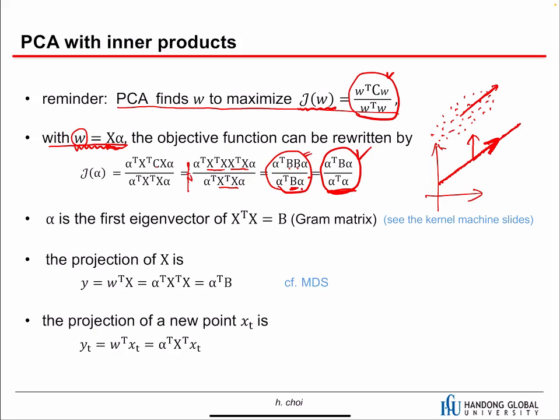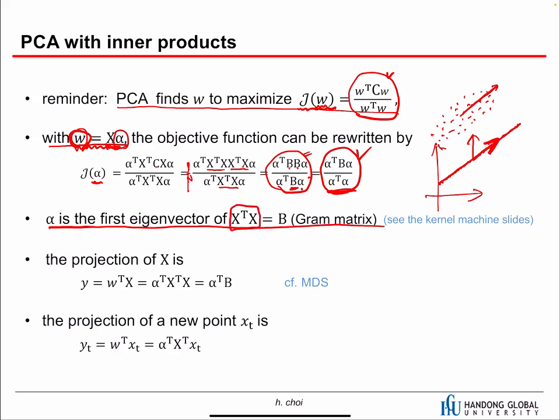Okay, then we have a little different primary, alpha. So instead of W, we need to know alpha. If we know alpha, then we can define W. So we just change the parameter from W to alpha. Okay, alpha is the first eigenvector of this inner product or gram matrix.